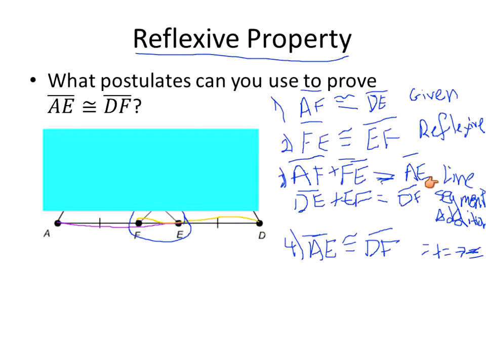Using these steps, we're justifying and giving our reasoning why AE and DF are actually congruent. And that's basically what proofs are: showing your reasoning, your thinking in your head, and the steps that would explain to somebody why this statement is true.